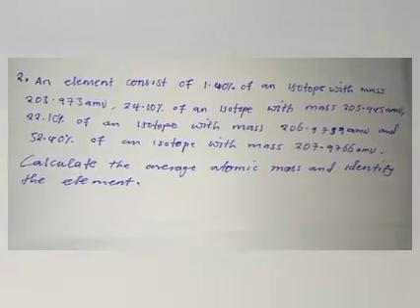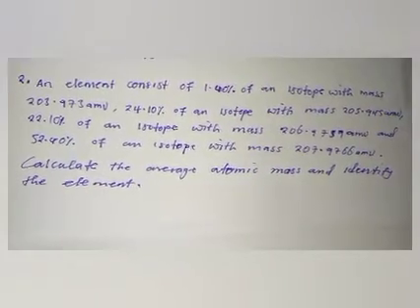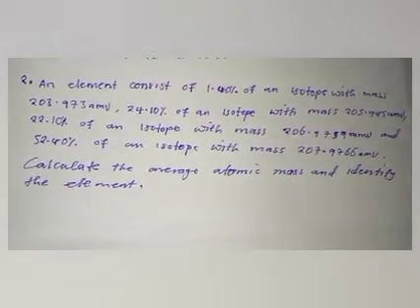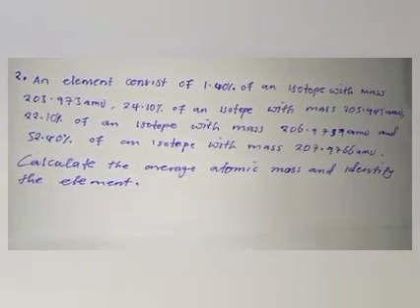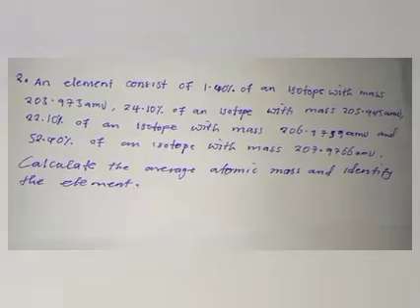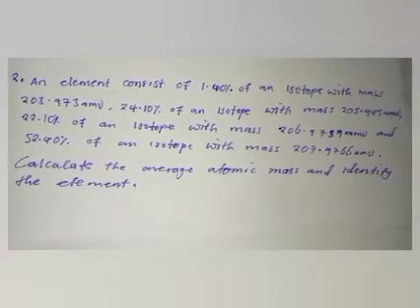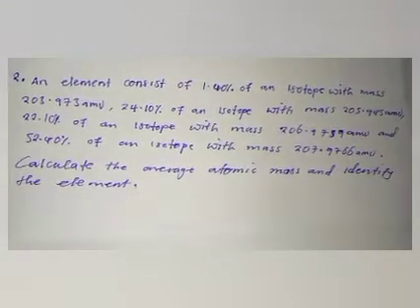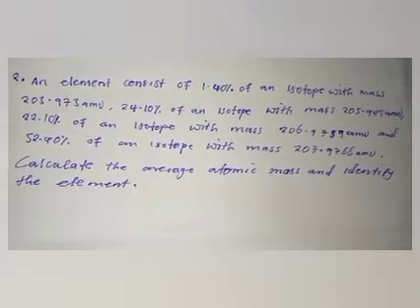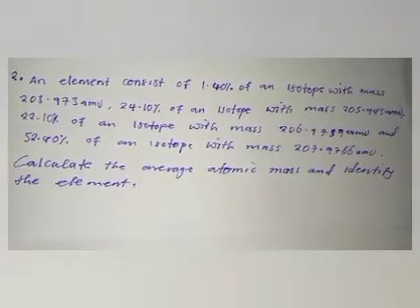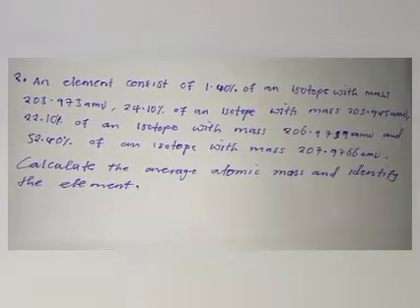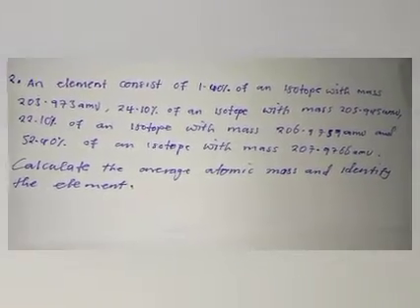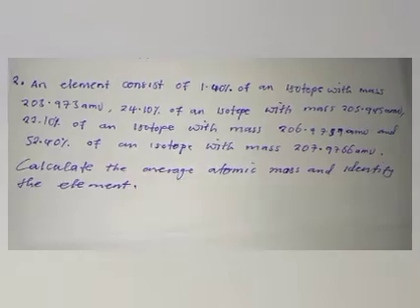We also have the other isotope, which is 22.10% of an isotope with the mass 206.9759 atomic mass unit. And the last one, which is 52.40% of an isotope with the mass 207.9766 atomic mass unit.